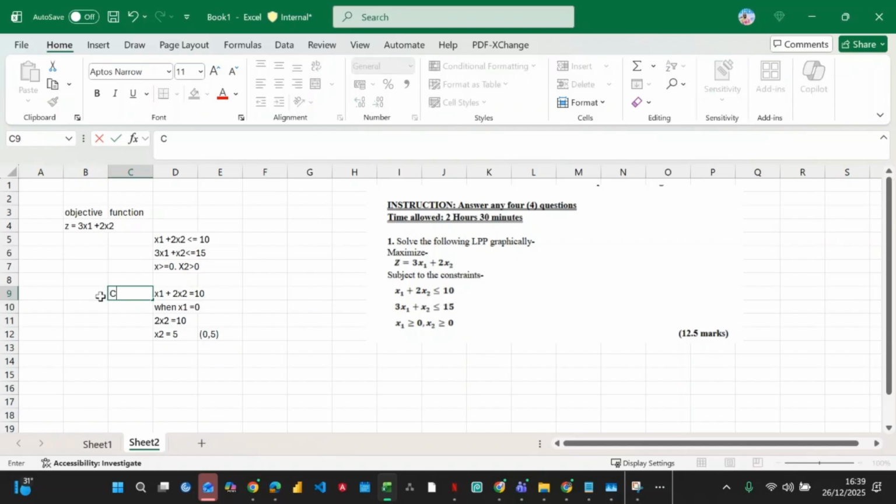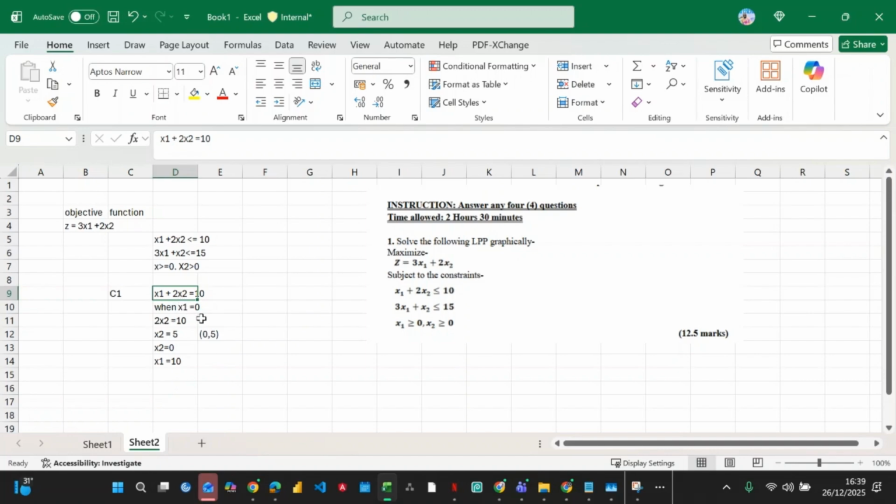This is constraint one that we have here. Let's say this is our C1, constraint one. In the same constraint one, we are now looking at x2. When x2 is equal to 0, what is going to be our x1? Our x1 is going to be equal to 10.